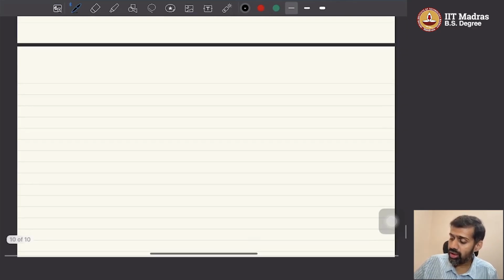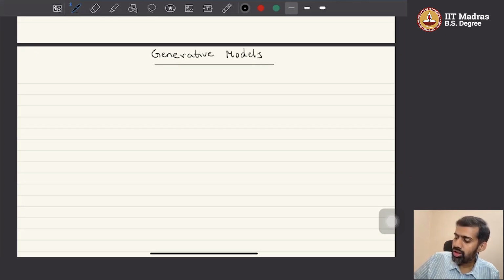So please recall that in the setup of generative modeling, the setup that we have is the following: that we are given a data set, denoted by D, that has samples x1, x2 up to xn.